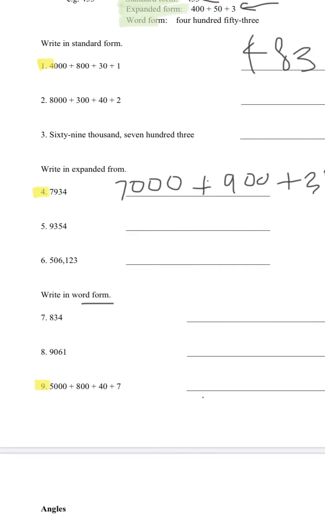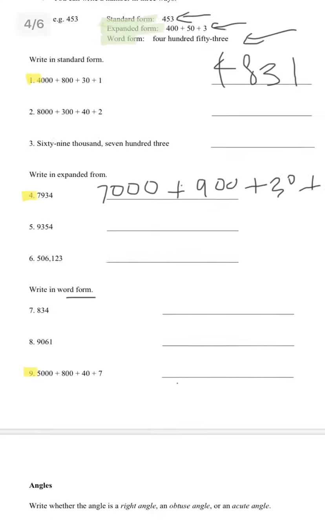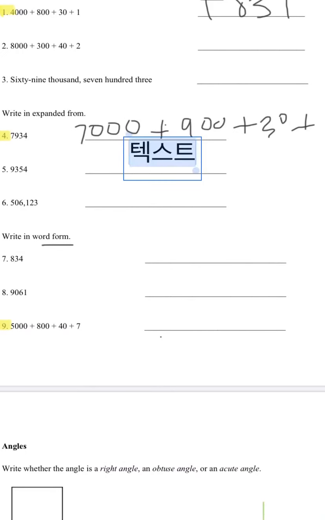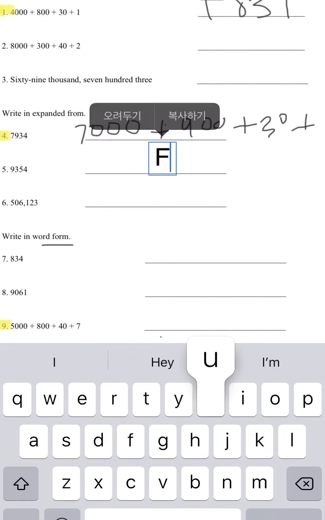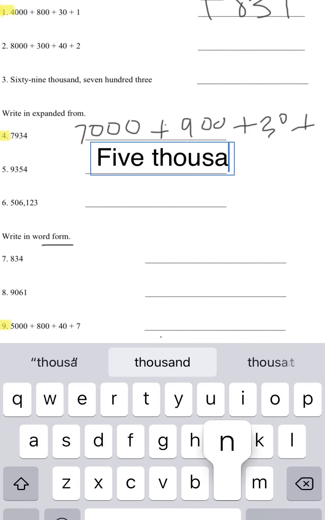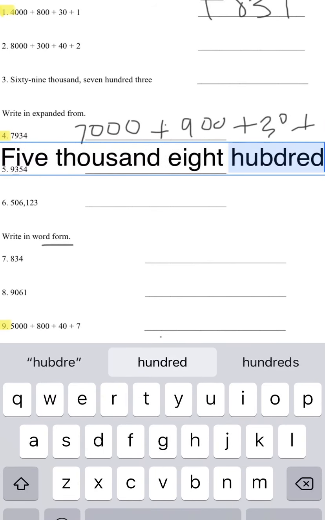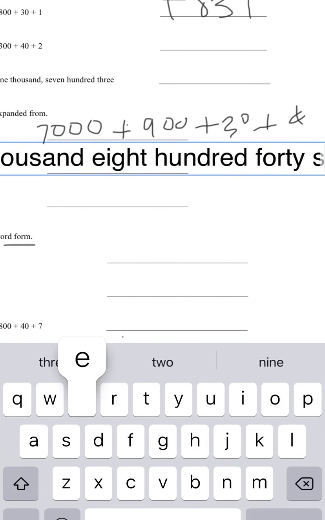Okay, lastly it says write in word form. Okay, so word form, I'm gonna type. So it says 5,847.